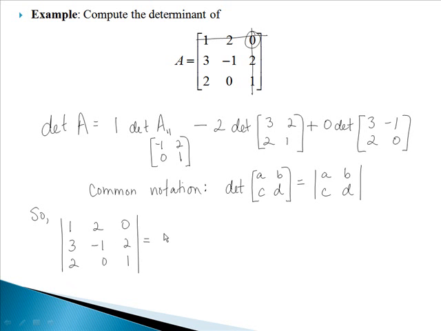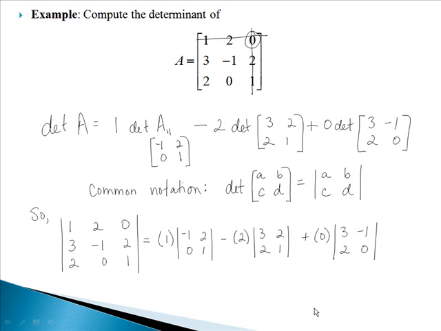And so what we have then is our first entry times the determinant of negative 1, 2, 0, 1, minus 2 times the determinant of 3, 2, 2, 1, plus 0 times the determinant of 3, negative 1, 2, 0.